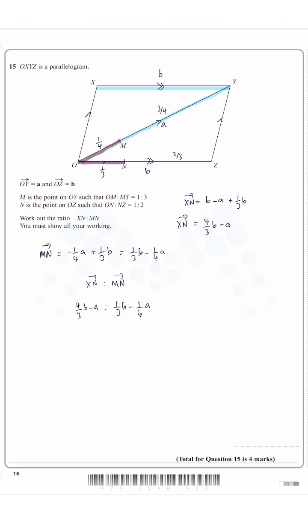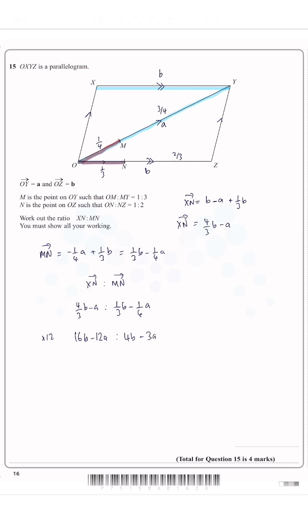Now, if I was to multiply everything by 12, I won't have any fractions left. So times everything by 12. 12 times 4 is 48, divided by 3 is 16, so it becomes 16b minus 12a. And if I times everything by 12, 1/3 of 12 is 4b, and 1/4 of 12 is 3a.